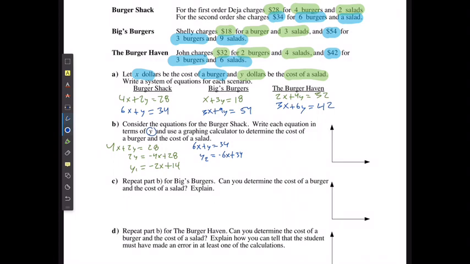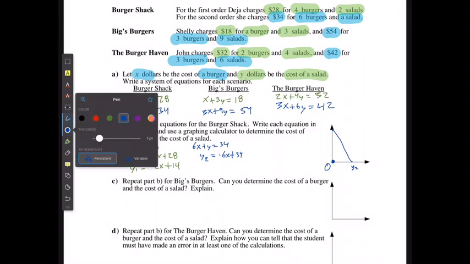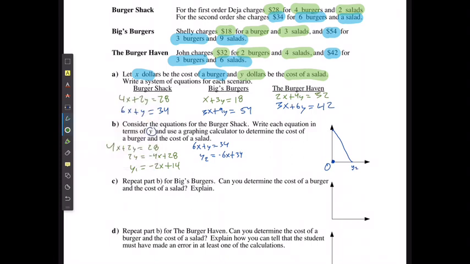And then I'm going to go ahead and graph these on my calculator. I'm probably going to have to change my window settings so that I can see both the intercepts, and I don't need to go too far into the negatives because obviously both values are going to be positive in this case. So I'm going to graph my equations. That's going to be my approximate one for y2, and this is going to be my approximate one for y1.